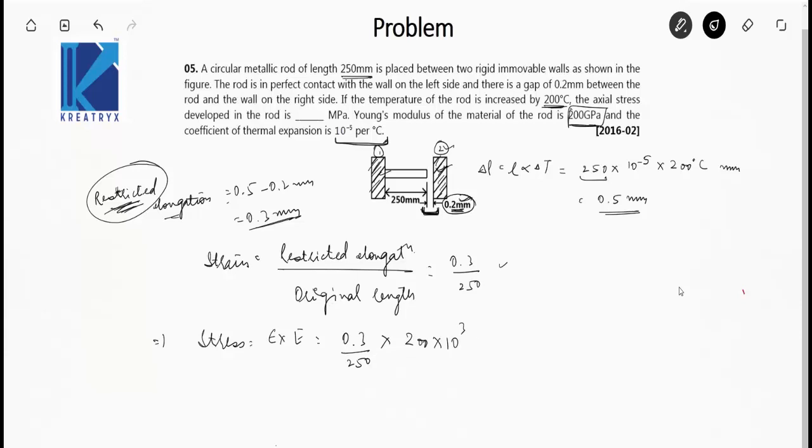So we'll be getting the stress in megapascal. Here we have to fill the answer in megapascal. So solve it. The answer will be 240 megapascal. So 240 will be your answer. Let's move on to the next question.